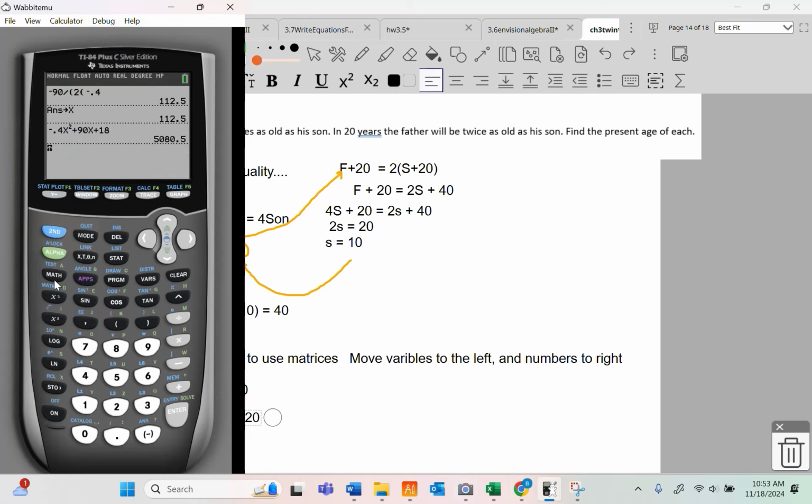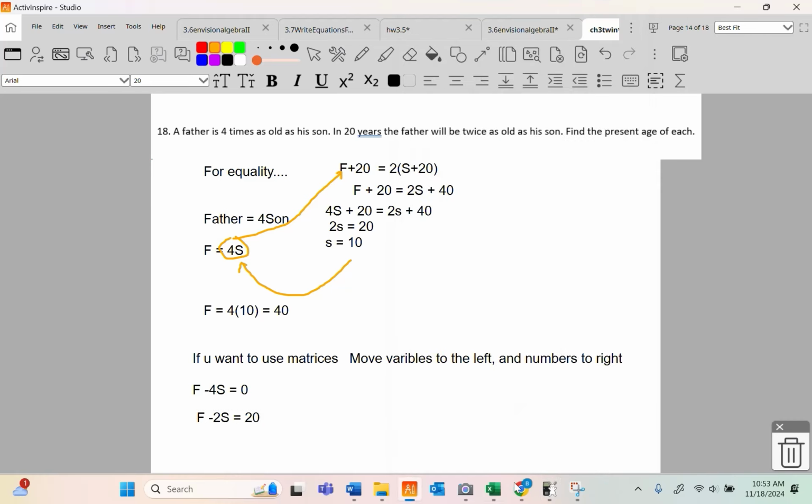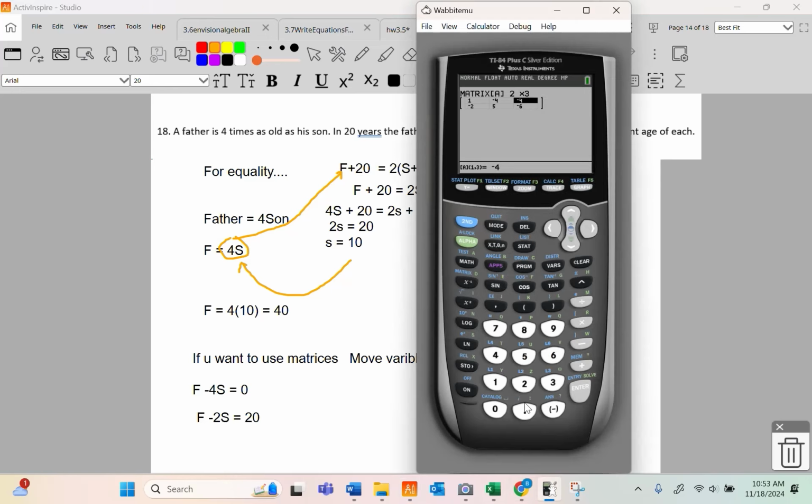And then I could go through the process on the calculator. I could go to second matrix. I could scroll to edit. And this particular equation has 2 rows and 3 columns. She is a 2 by 3. We have a 1. We have a negative 4. I know that's in the way there. And we have a 0. We have a 1. We have a negative 2.